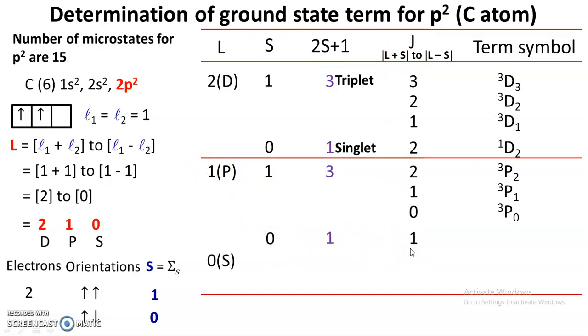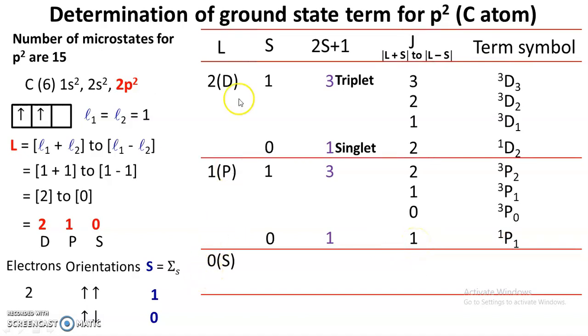So the possible J value is 1, and the corresponding term symbol is P11. Why P? Because L is equal to 1. The first 1 stands for multiplicity, and the subscript 1 is for the J value.